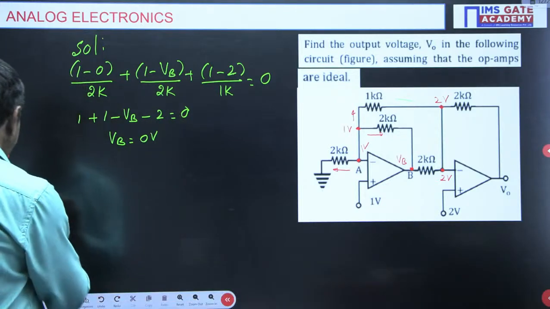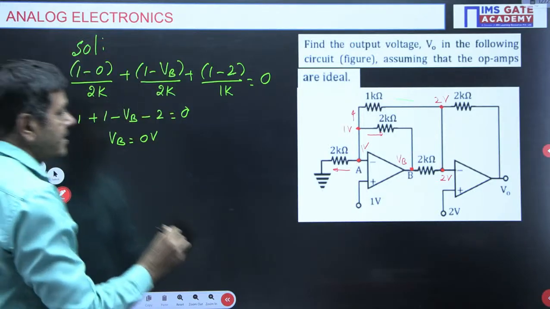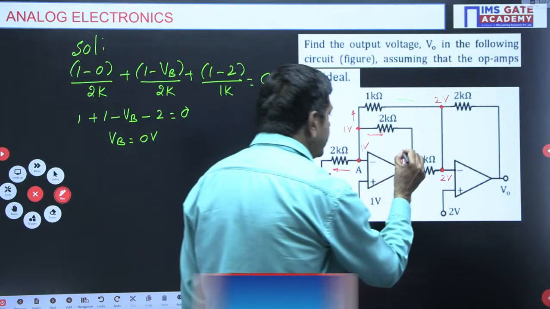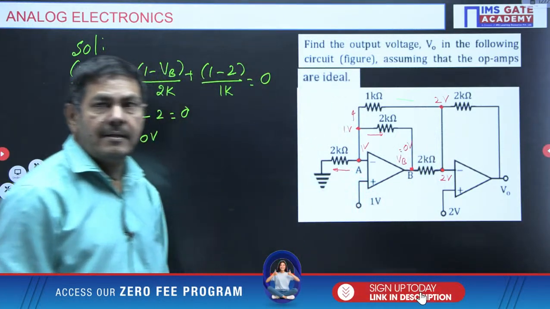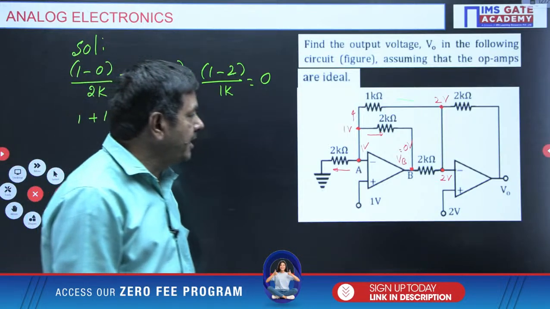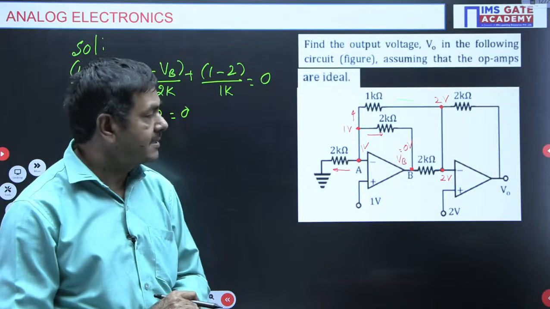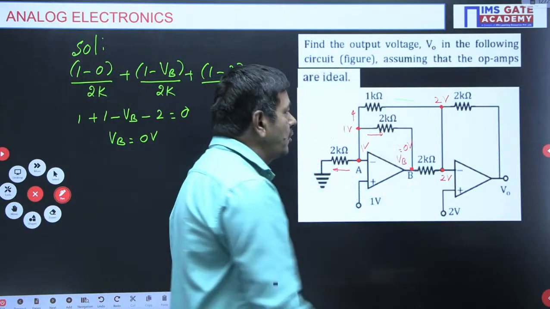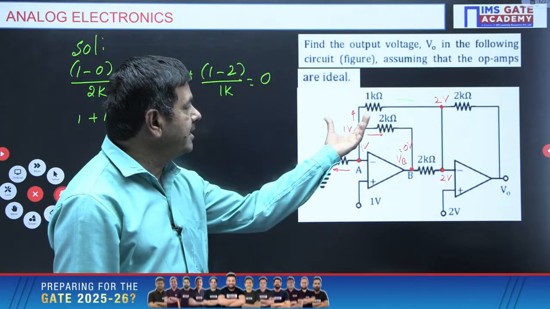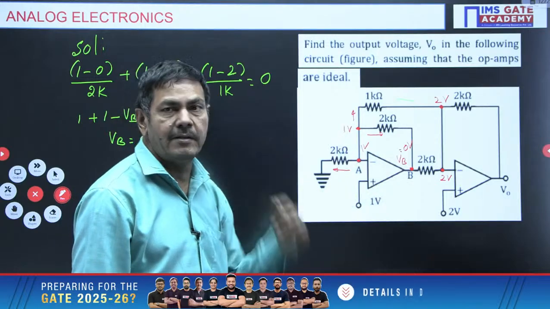I am getting VB equal to 0 here. I say this VB is nothing but 0 volts. If VB equals 0 volts, is any current passing across the 2 kilo ohm or not? Yes, it passes. Current passes from higher potential to lower potential, no doubts. By applying nodal analysis here, I got the VB value.